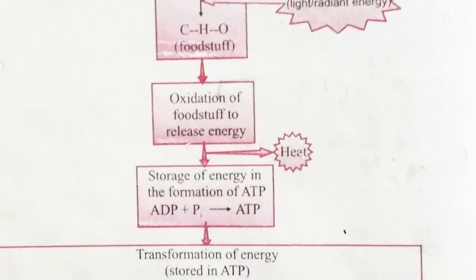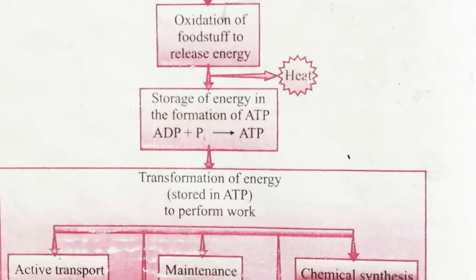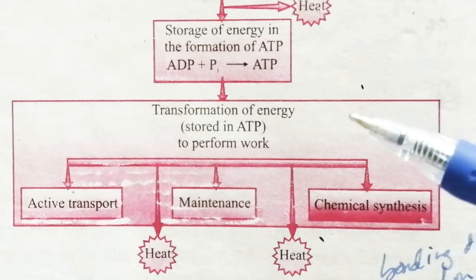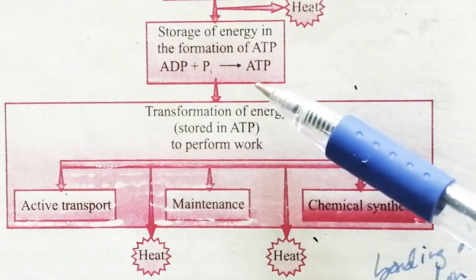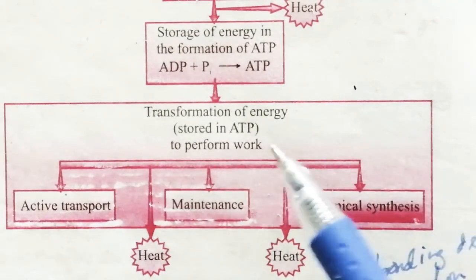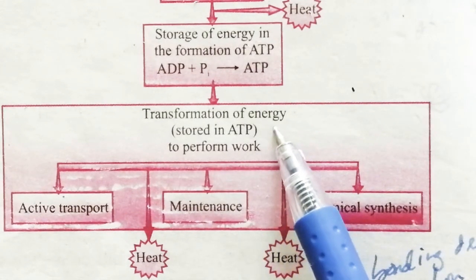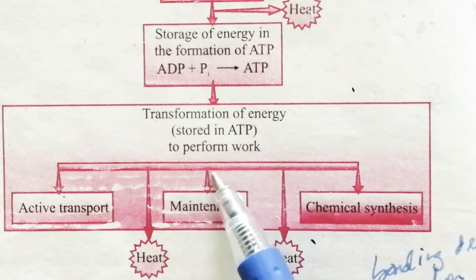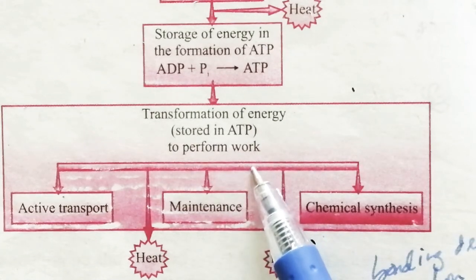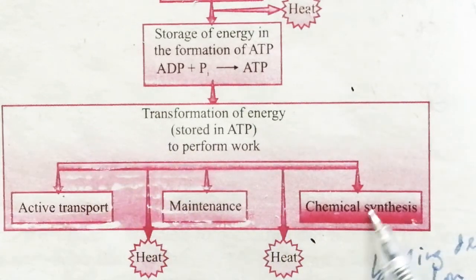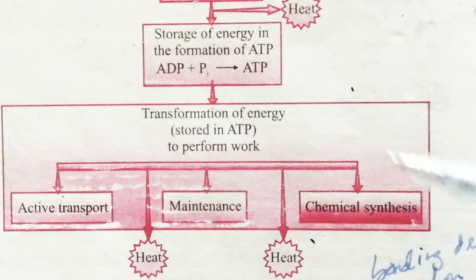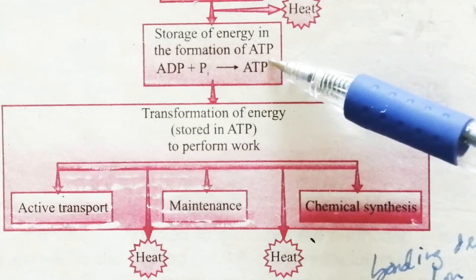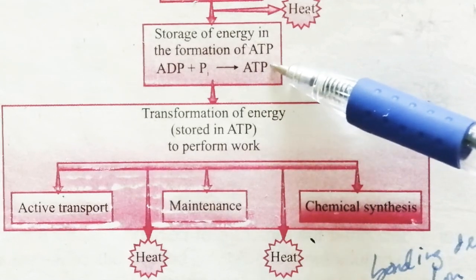In the next sequence of this energy transformation and energy acquisition, or energy utilization you can also say, you can see here the transformation of energy that is stored in the form of ATP, in order to perform various life activities, is represented in this block. Now in the previous block you have seen that energy is stored in the form of potential energy, in the form of ATP.